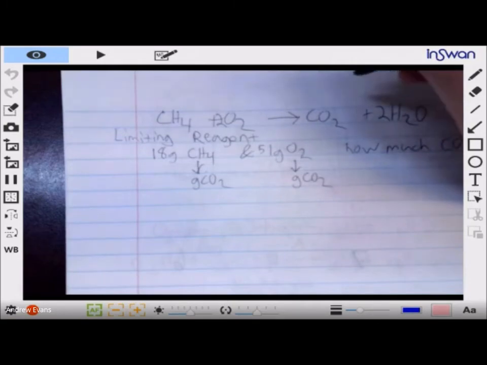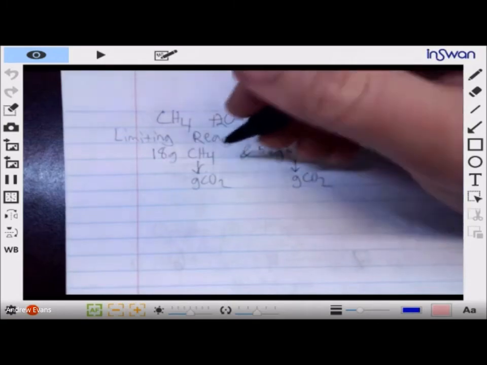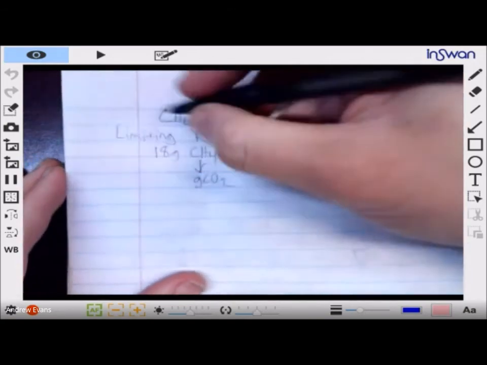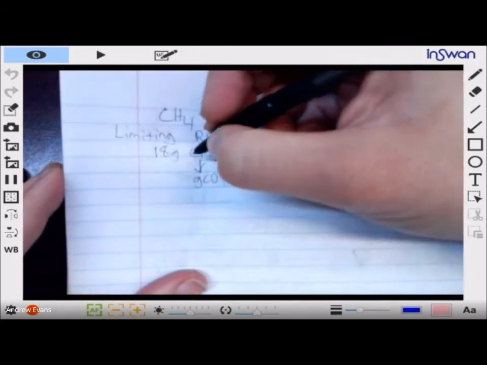The lowest number will be the correct number because it comes from the limiting reagent.